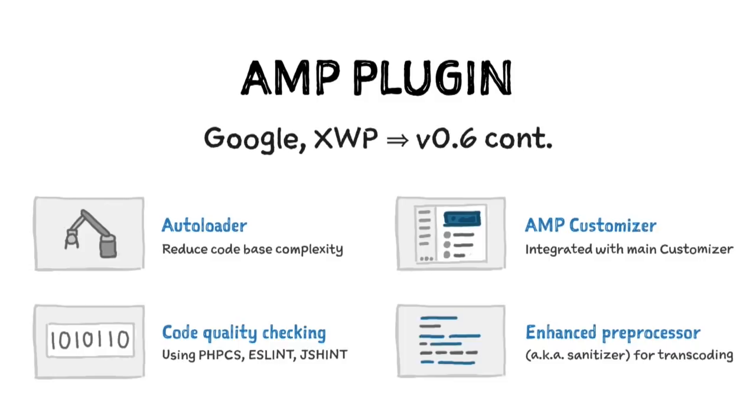And we are applying those principles in the plugin by adding a lot of code quality checking in the build process of the plugin itself. And the 0.6 version also enhanced the preprocessor a lot, added a lot of intelligence, and actually fixed some bugs that prevented the plugin from being completely in sync with the AMP specification.